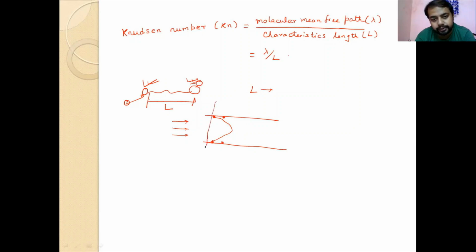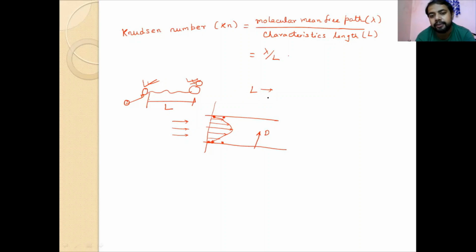Molecules near the wall have no velocity, and those at the center have more velocity. If you go along the radius or diameter, you can see the characteristics of the fluid changing.